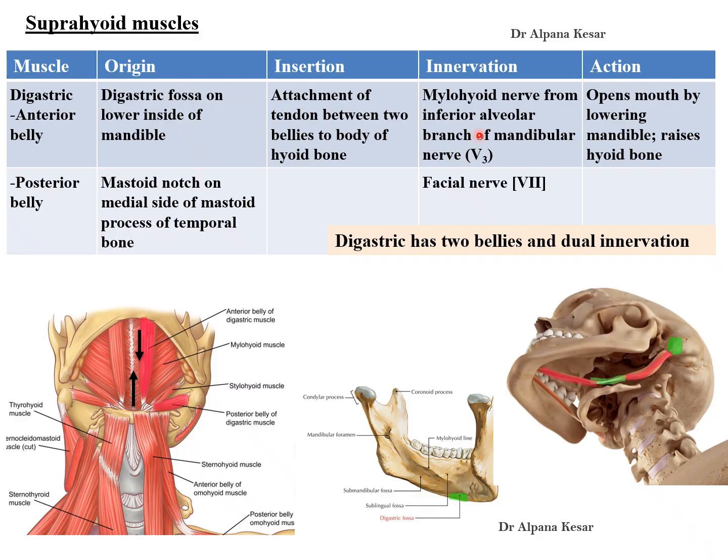Mylohyoid is a branch of inferior alveolar nerve, which is a branch of mandibular nerve. The posterior belly is supplied by facial nerve. Hence, the anterior and the posterior bellies of digastric are supplied by trigeminal and facial nerve respectively.